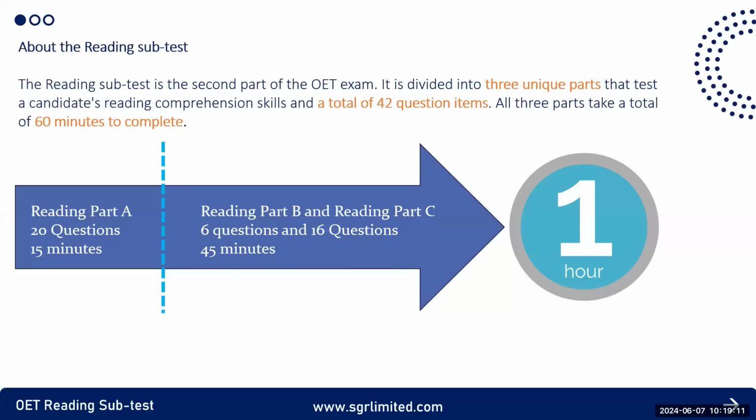Now, why is part A separate from part B and part C? Well, part A requires speed reading skills, which means absorbing information quickly and might imply a trade off between speed and comprehension.